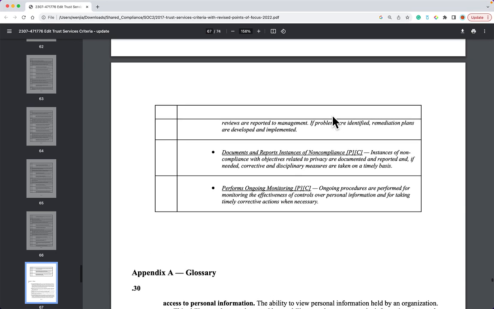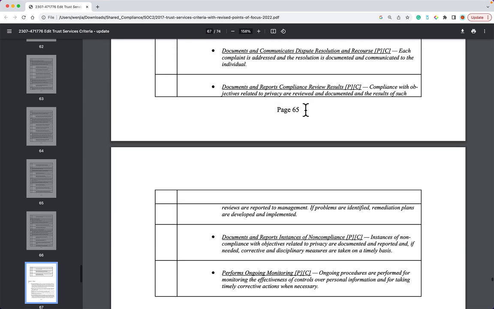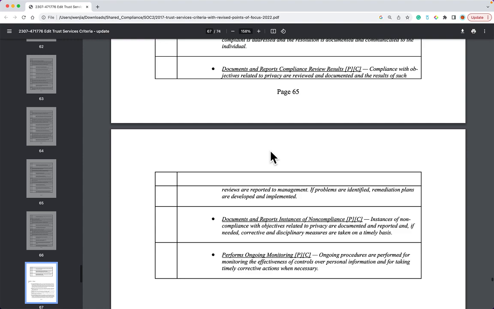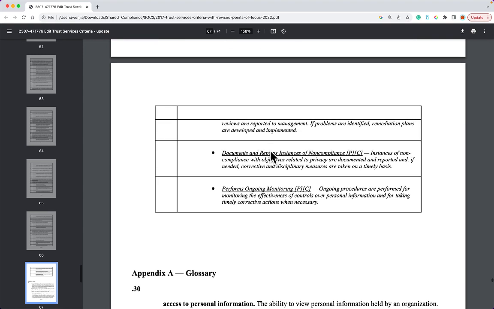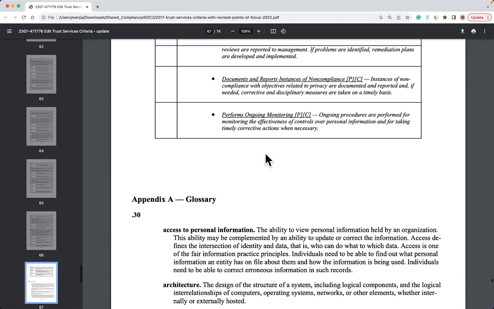So after you check your compliance, if you find any illegal practice or any missing protection mechanism, you need to correct the system, you need to improve.